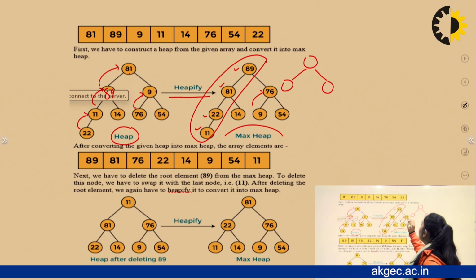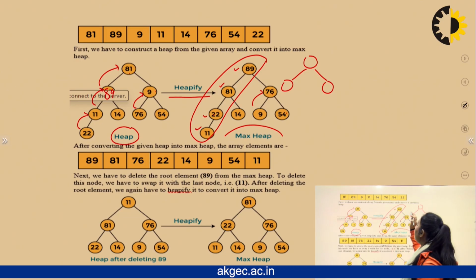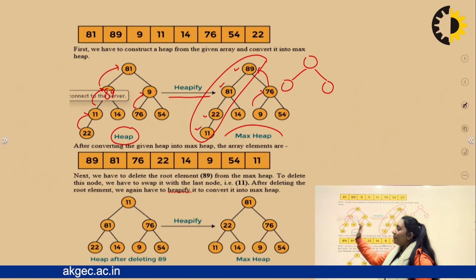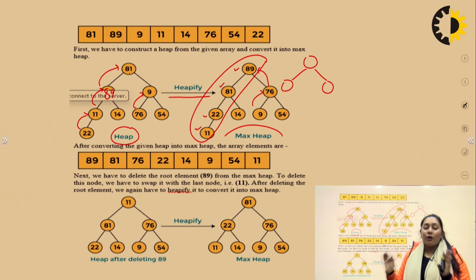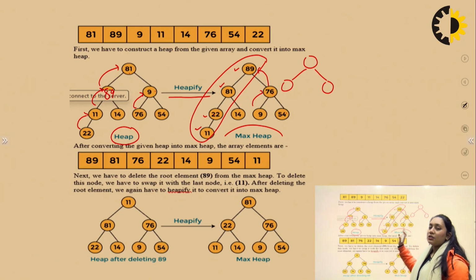Then 54: because 76 is larger than 54, no swapping is available. Then we compare 76 to 89, swapping available? No, swapping is not available, right? So after making the heap, in the heapify process, if any swapping is available on the basis of the elements present, then you need to swap and sort the elements in this way, right?